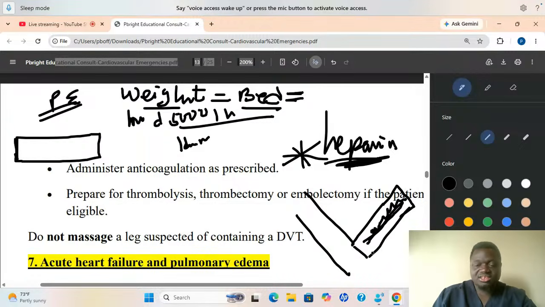So you do the APT, or the APTT, the same thing. This is the partial prothrombin time, and this is the prothrombin time. So people prefer the prothrombin time, not the partial one. We want the total, the PT.